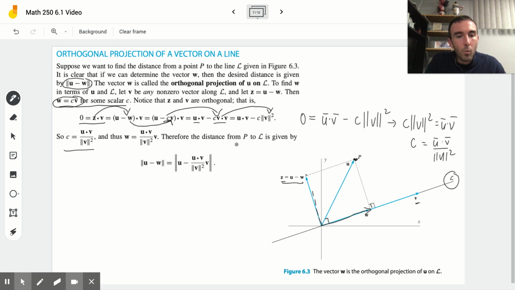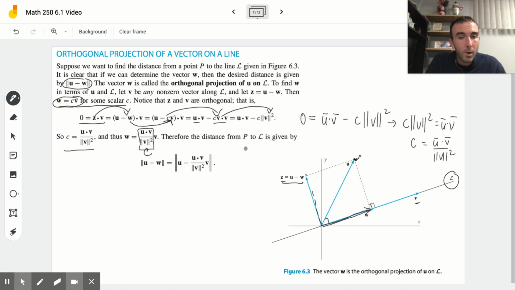So then when I write out my vector W, which is the vector of interest, the one that we can draw our perpendicular from the tip of vector U to, if I go back to W equals C times V, W equals the dot product of vector U and vector V over the norm of V squared times V. So I can sub that right back in for where C was.